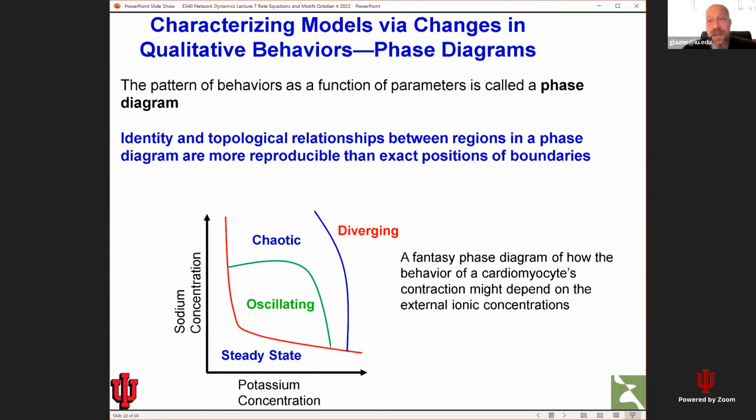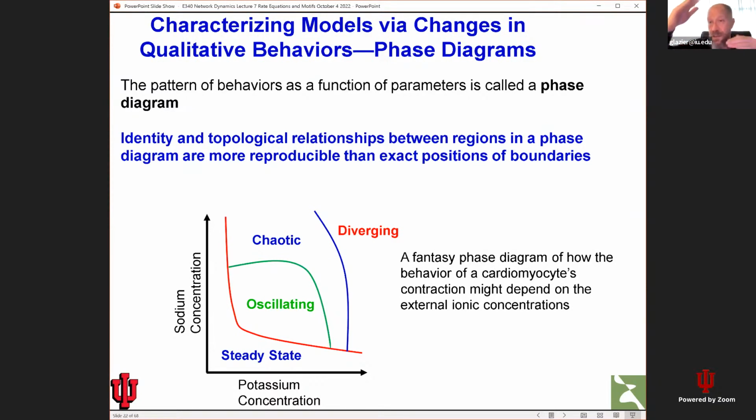We did a little bit of that game when we said, what if we change the glucose level outside of an E. coli? How fast does it grow? That would be a one-dimensional version of this. This kind of diagram, a phase diagram, is a very, very powerful way of encapsulating information. And we might expect that if our model is right, the identity of these domains and their relative positions matter.